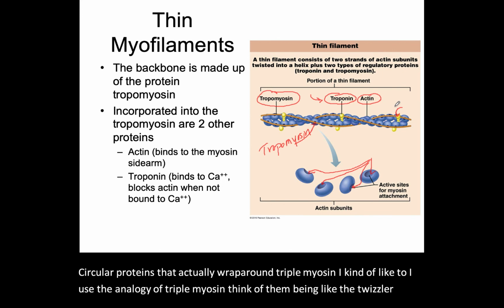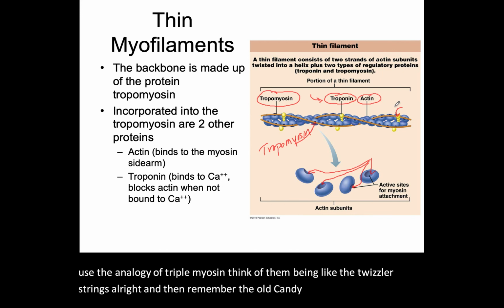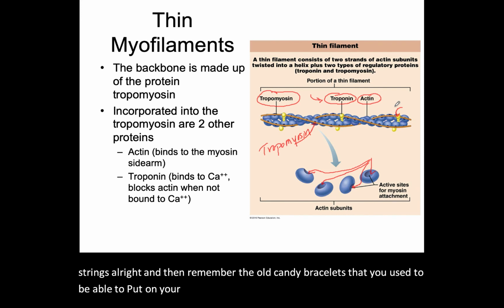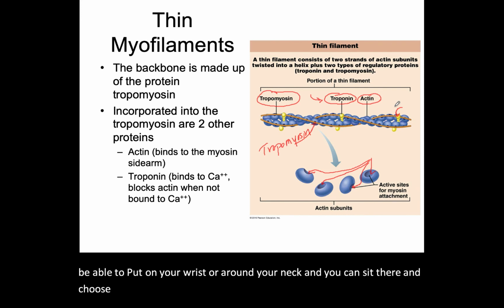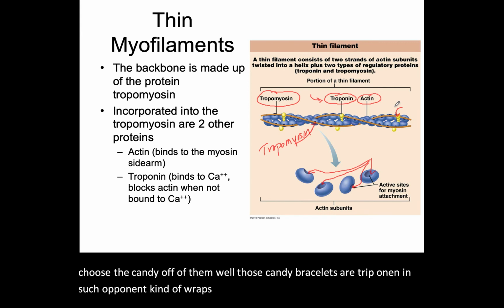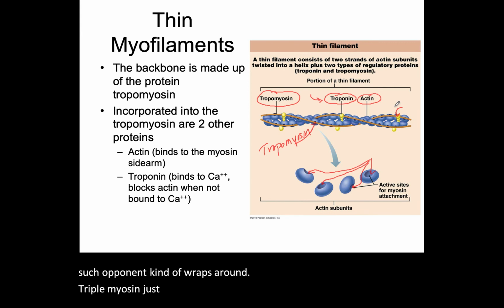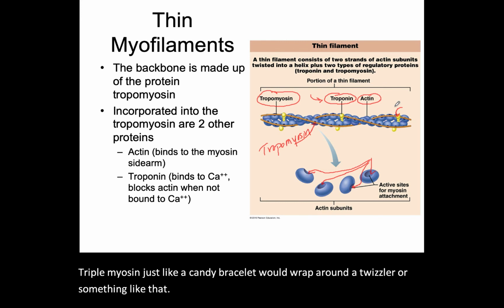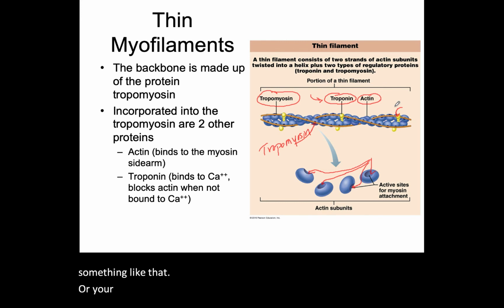And then remember the old candy bracelets that you used to be able to put on your wrist or around your neck and you could sit there and chew the candy off of them? Yeah. Well, those candy bracelets are troponin. Right? And so troponin kind of wraps around tropomyosin just like a candy bracelet would wrap around a Twizzler or your wrist.